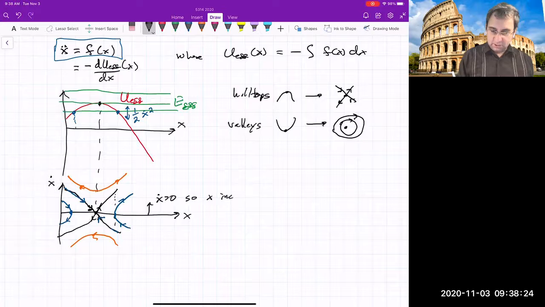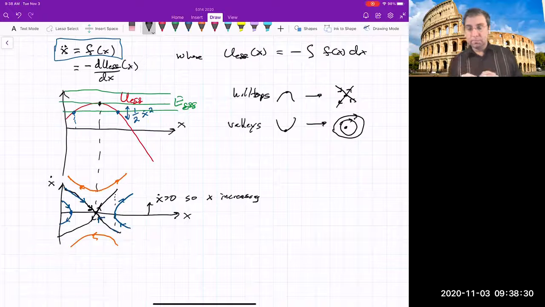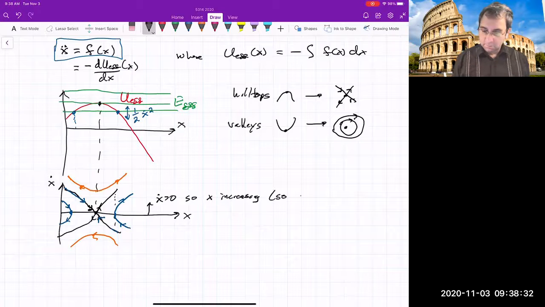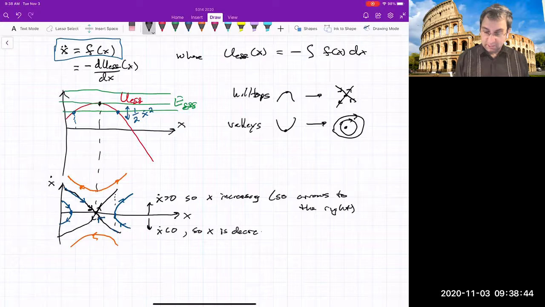So x is increasing, which means going to the right. So arrows to the right. Below, x dot is less than 0. So x is decreasing with time. So arrows to the left.